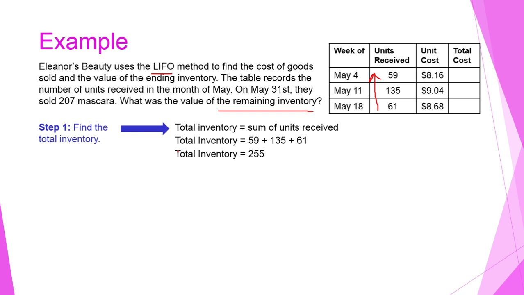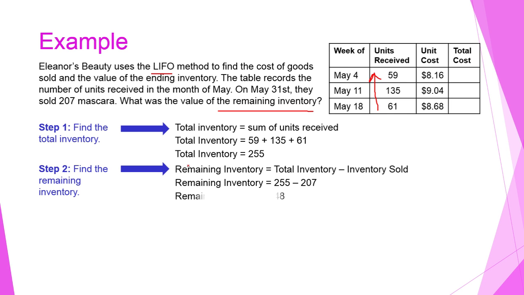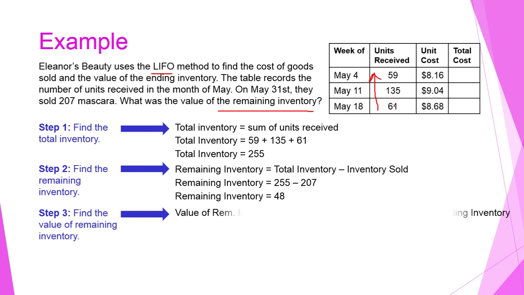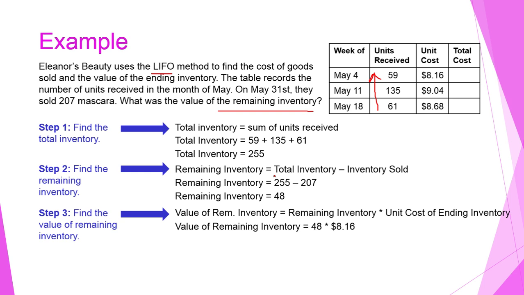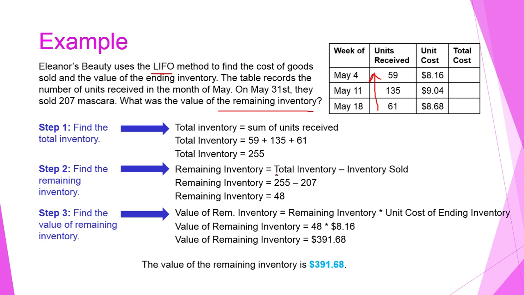That is going to be 255 mascaras this time. We sold 207 of those, which means we still have 48 left. So 48 should come from the first date, which is May 4th, and that has a unit cost of $8.16. So multiply $8.16 by 48, and we get $391.68.